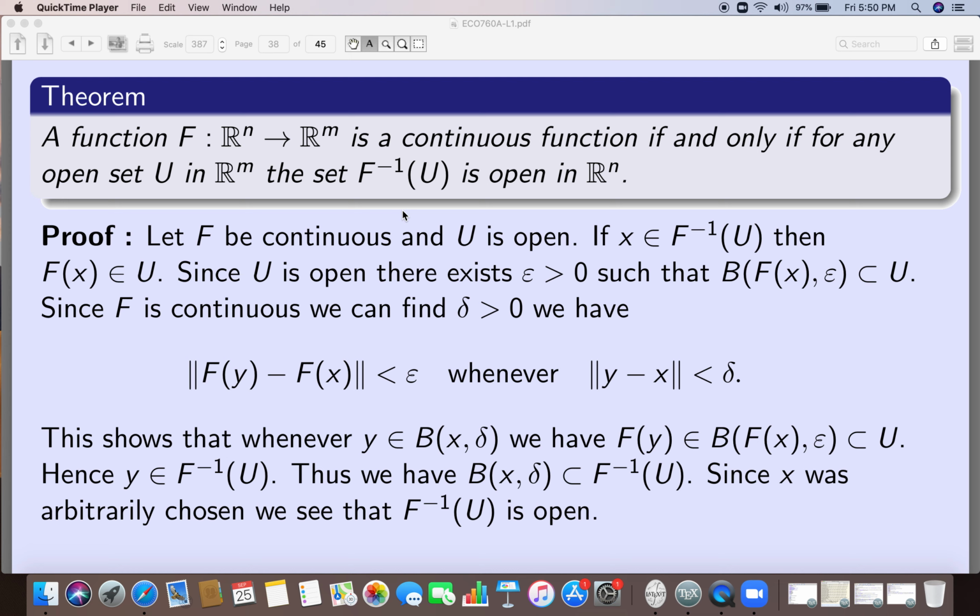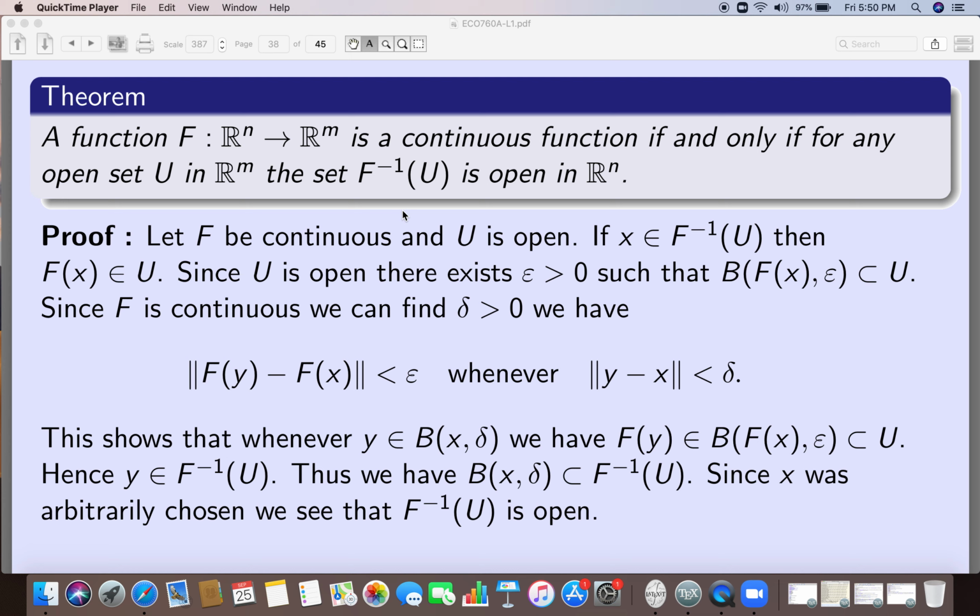If x is in F inverse U, in the inverse image, then F of x, the image of x, must be an element of U. Since U itself is an open set and F of x is in U, there must be a ball of radius epsilon which is completely contained in U. Now again I know that F is continuous.